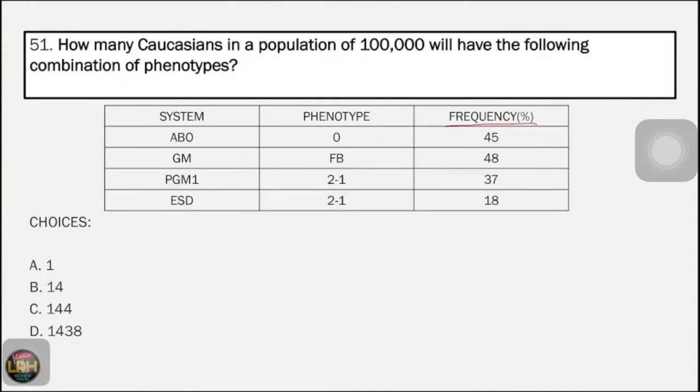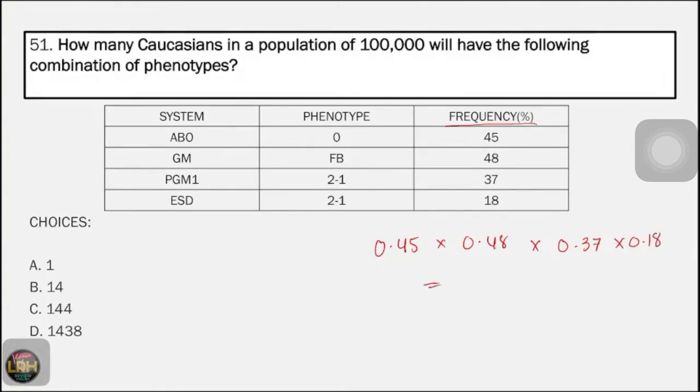As here, we have 45%, so 45% is 0.45 times 0.48 times 0.37 times 0.18.